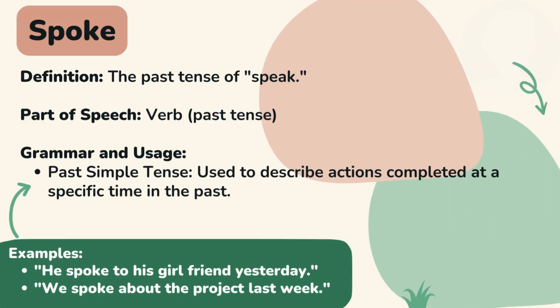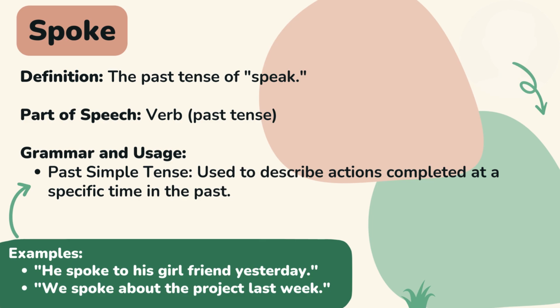Moving forward. Next, let's hop onto our time machine and go back to the past with spoke. This is the past tense of speak. So, if you did the talking yesterday, last week, or probably some few months ago, then spoke is the word you need.